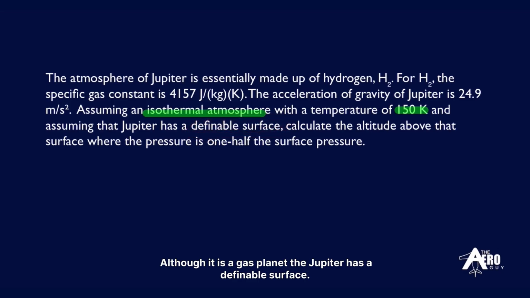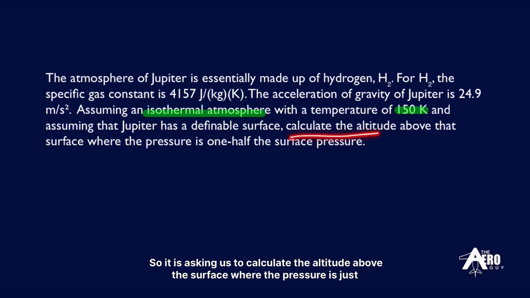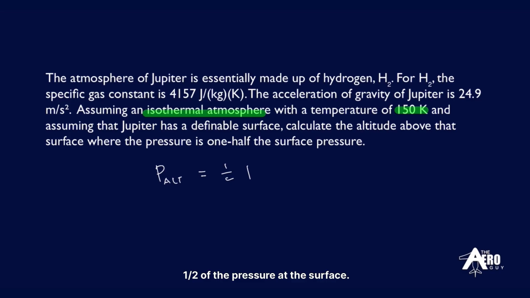Although it's a gas planet, Jupiter has a definable surface. So it's asking us to calculate the altitude above the surface where the pressure is just 1/2 of the pressure at the surface. So again, this is a straightforward problem.